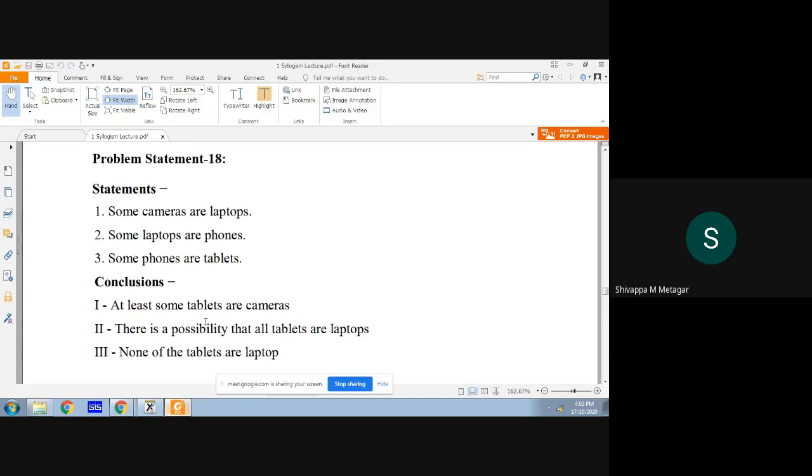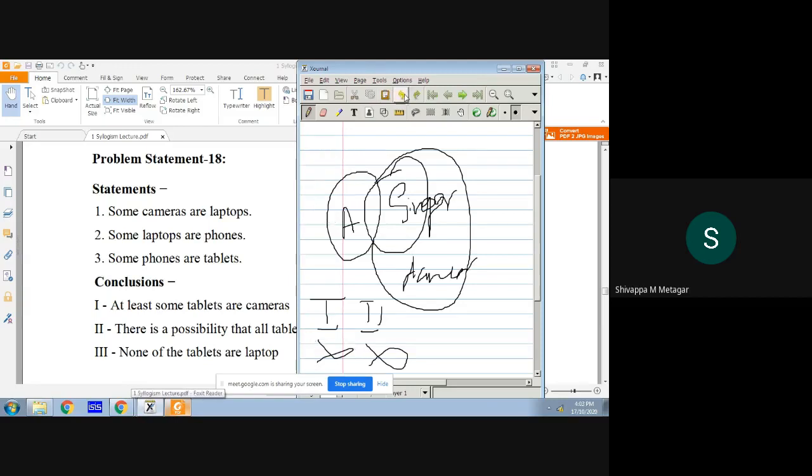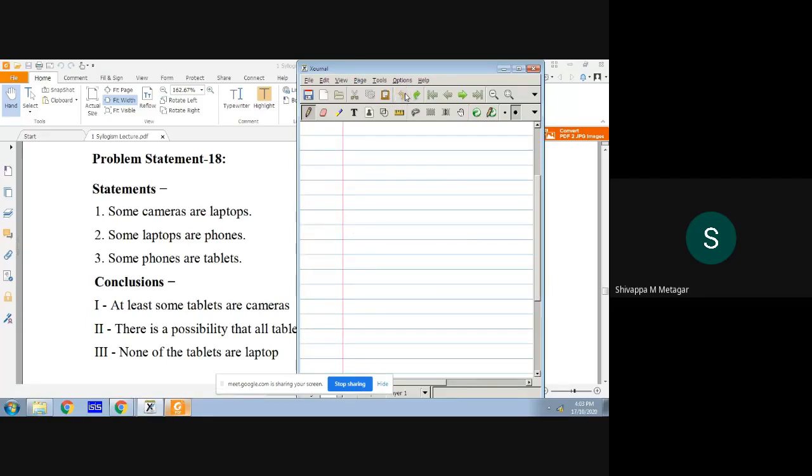Conclusion: at least some tablets are cameras. There is a possibility that all tablets are laptops, none of the tablets are laptops. Can you draw the diagram for this one and put your answer in the chat box? I will check it.